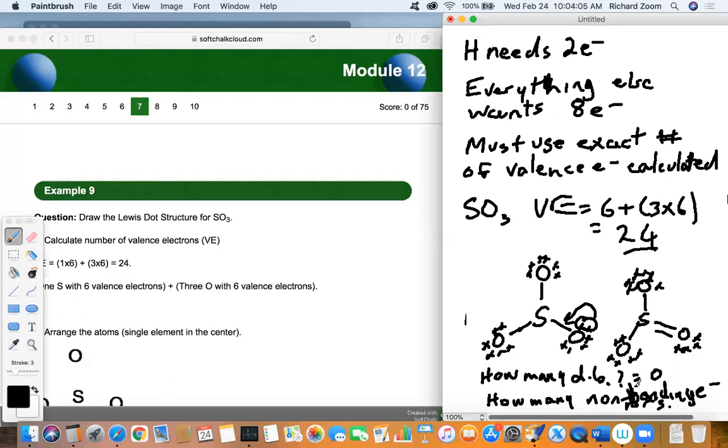So how many non-bonding electron pairs, also called lone pairs? We've got 1, 2, 3, 4, 5, 6, 7, 8. So this would be 8 non-bonding electron pairs or lone pairs. Does anybody have any questions about counting non-bonding electron pairs or lone pairs?